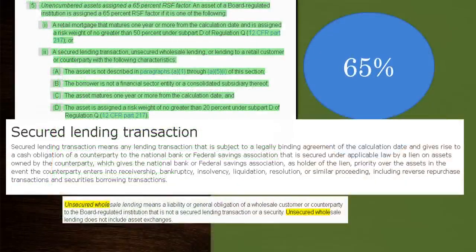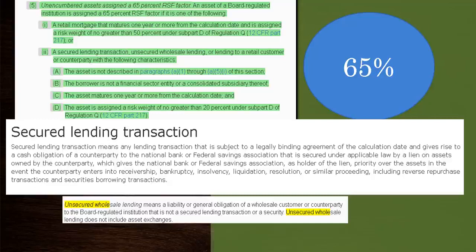Now, a secured lending transaction basically is a transaction that's subject to a legally binding agreement as of the calculation date and gives a cash obligation of a counterparty to the national bank or savings association that is secured under law by a lien on assets owned by that counterparty.